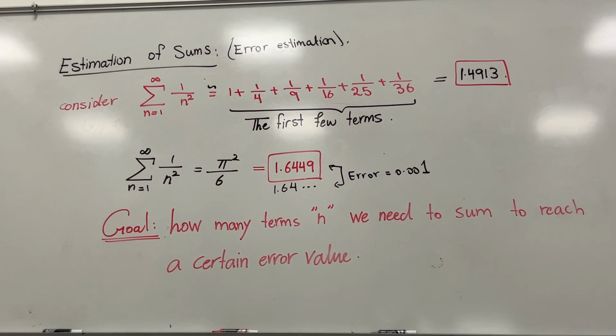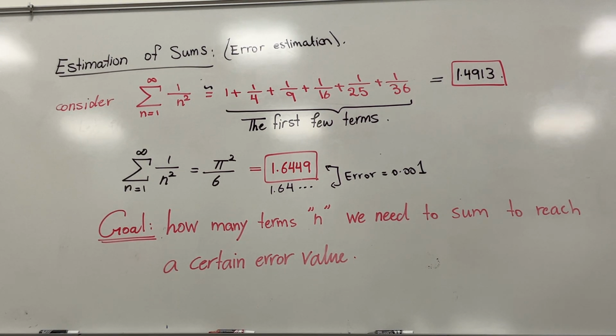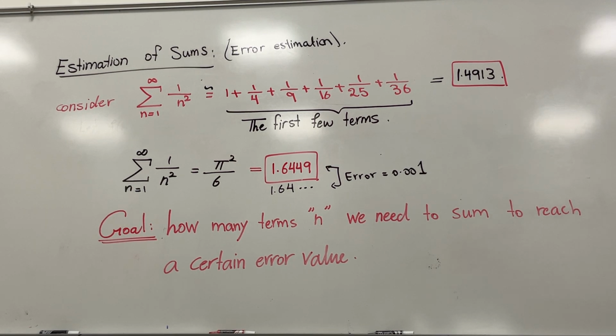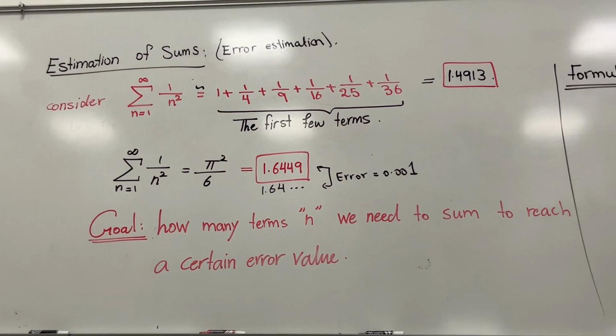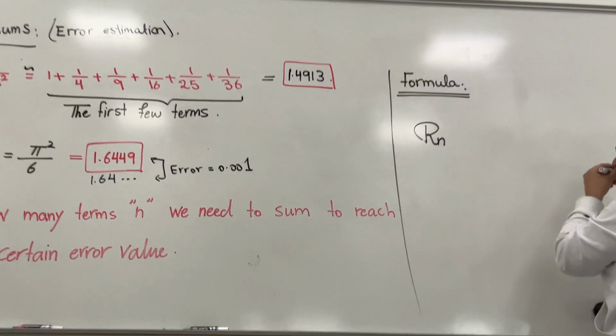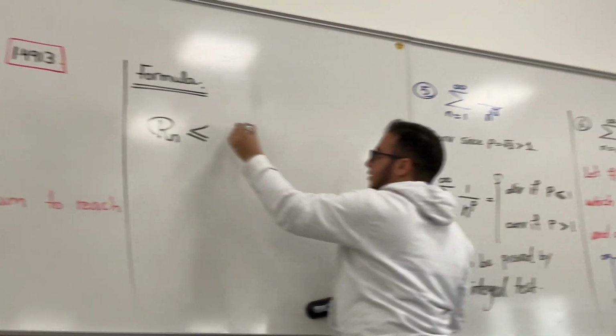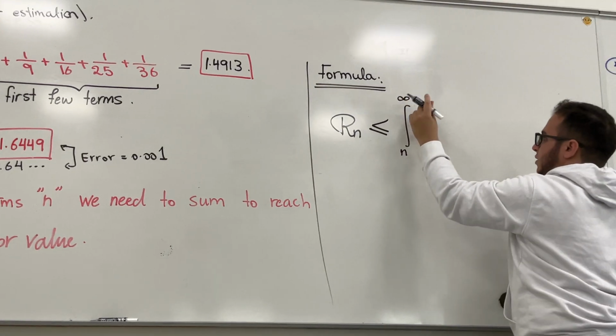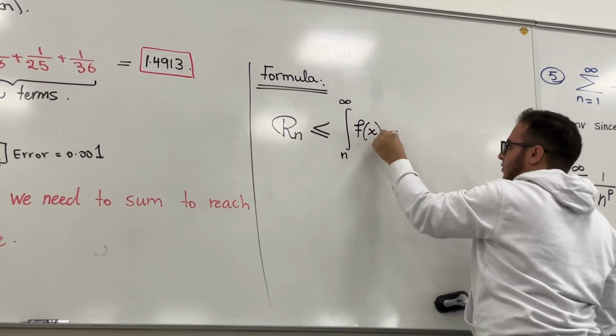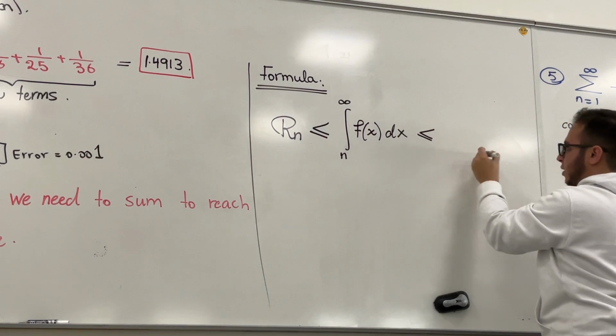I'm just going to put the formula. So how many terms? I'm going to put the formula now. Okay. So the formula tells you that the error of the sum is less than or equal to the integration from n to infinity of f of x dx, and that should be less than or equal to what?